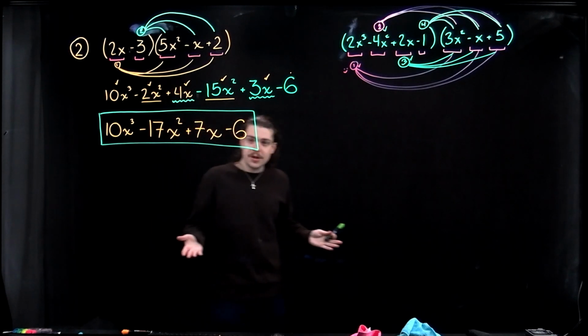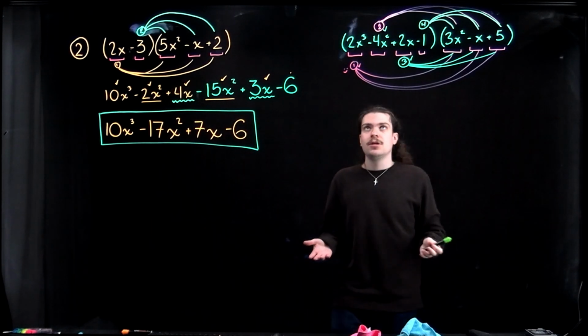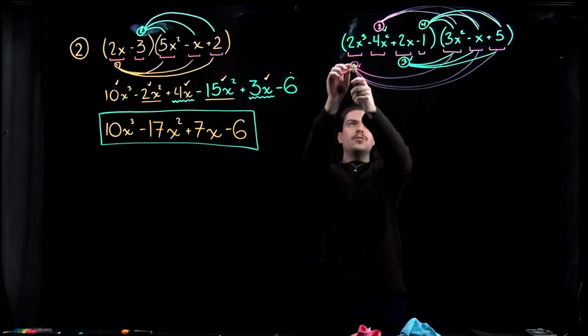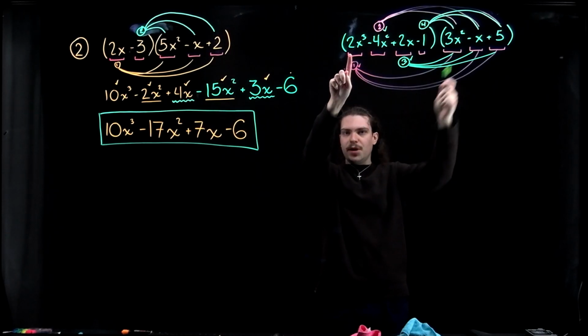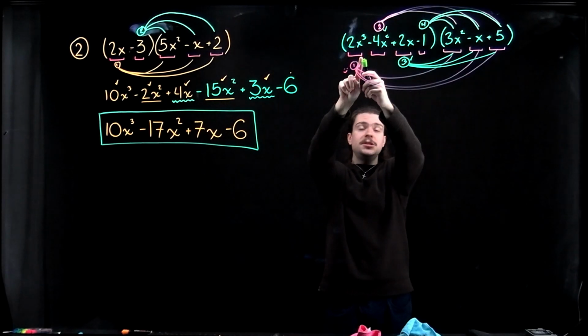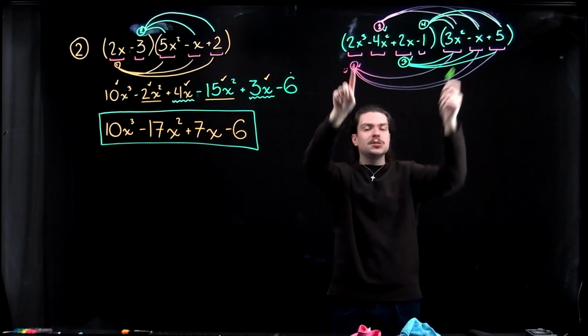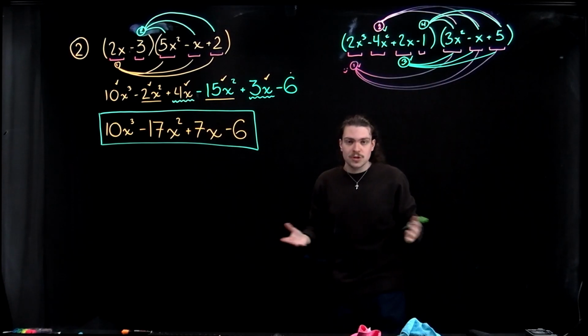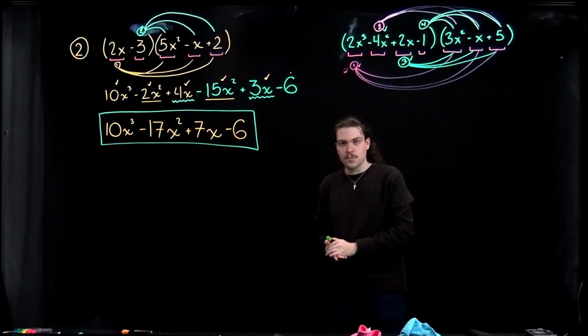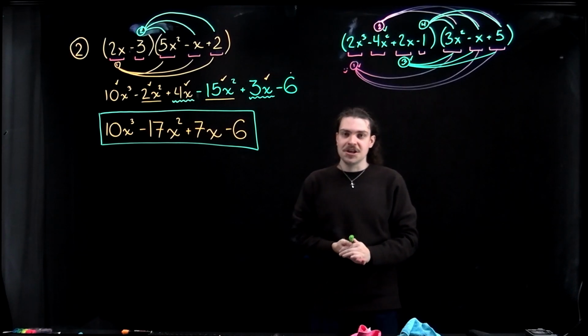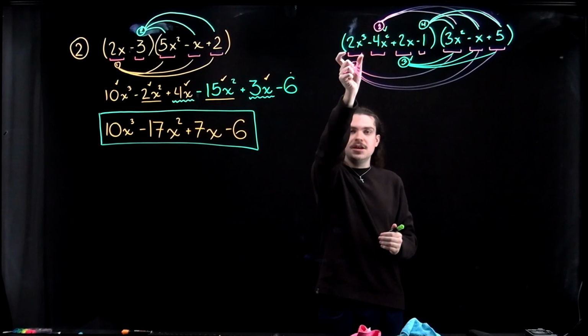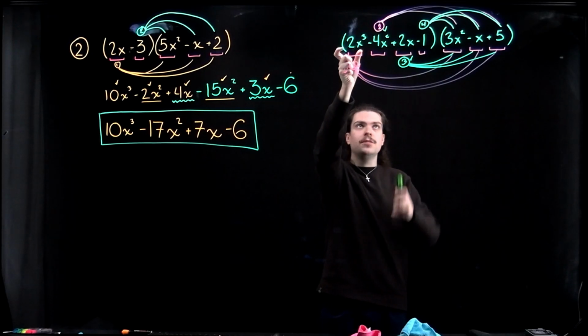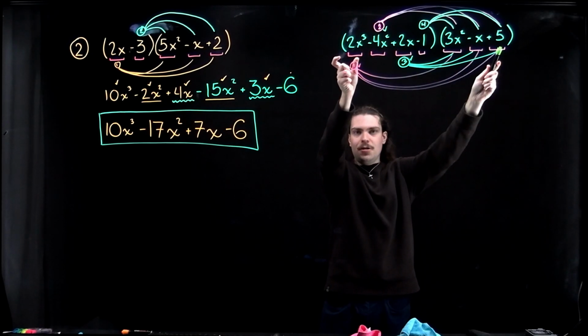So no matter how many terms your polynomial has, all we really need to do is go through and distribute each of these first ones by each of these terms. And again, so you don't lose track of where you are, what you've already multiplied, I highly recommend taking this approach of selecting each of these terms one by one and multiplying them by all your terms in the second one.